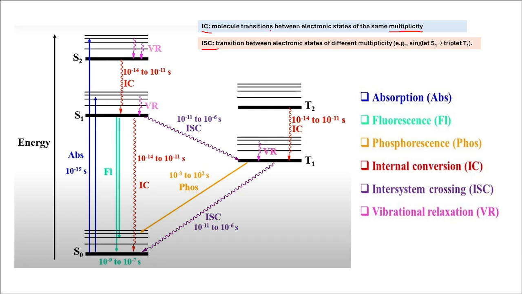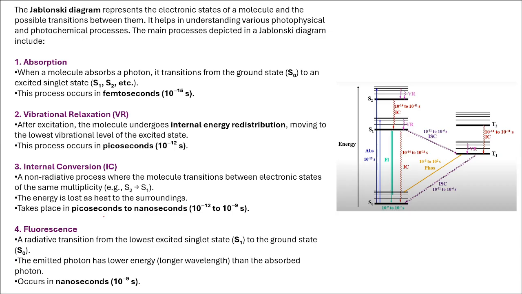Whenever molecular transitions happen between electronic states of the same multiplicity, like S2 to S1 or S1 to S0, we call it IC. But whenever transitions happen between electronic states of different multiplicity, like singlet to triplet, we call it intersystem crossing. So you have to remember this.